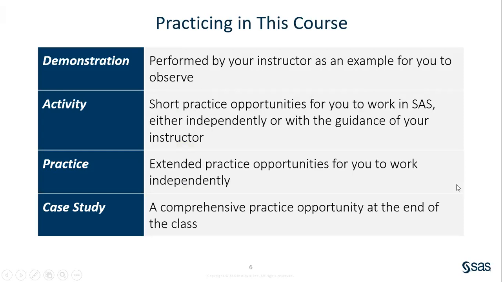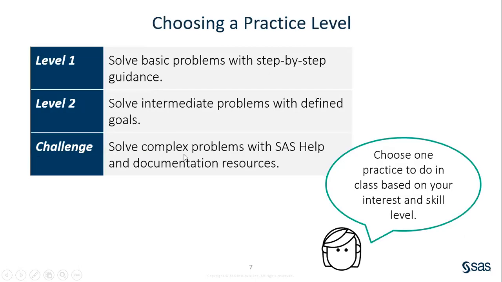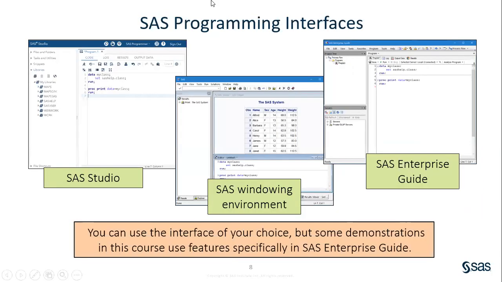During your training, you come across some demonstration activities and practices. We have 3 levels of practices. As time permits, any one level will be done in the class. The rest is your self-study.